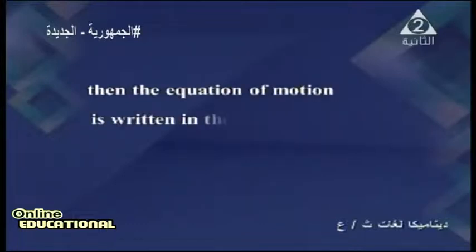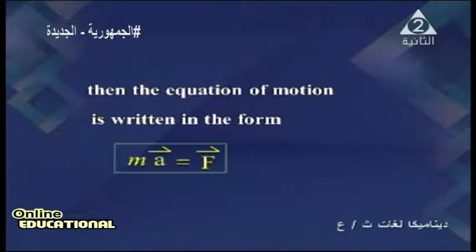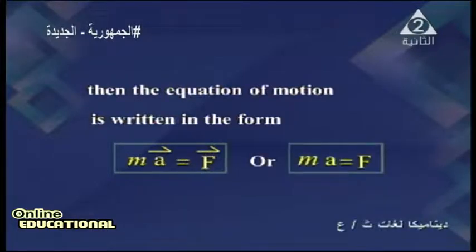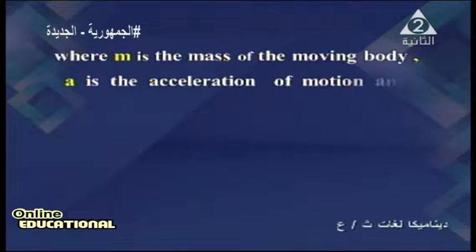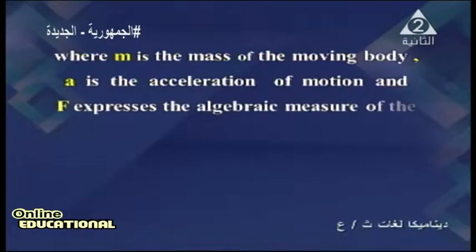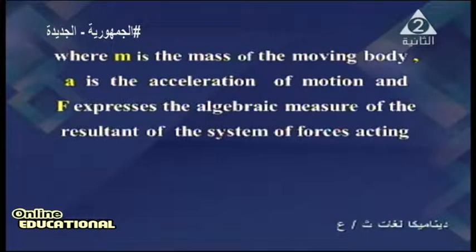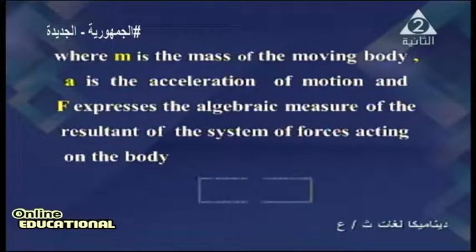Now the equation of motion is written in the form m vector a equals vector F, or ma equals F, where m is the mass of the moving body, a is the acceleration of motion, and F expresses the algebraic measure of the resultant of the system of forces acting on the body. Then we can say ma equals summation F.